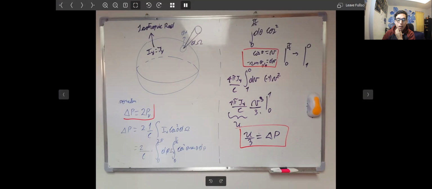There's the result. And now that the integral is ready, I can identify this as the energy density, and this here is 1/3, which leads to a third of the energy density being the difference in momentum here.